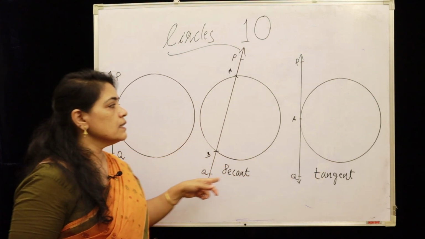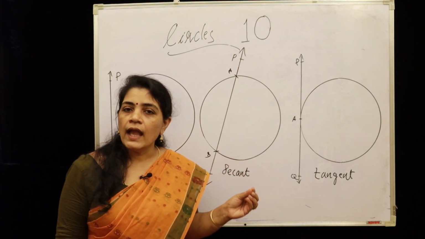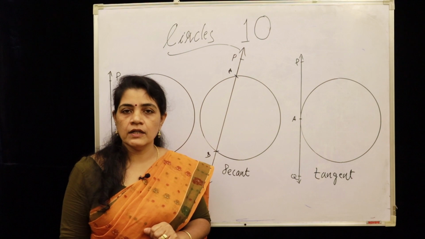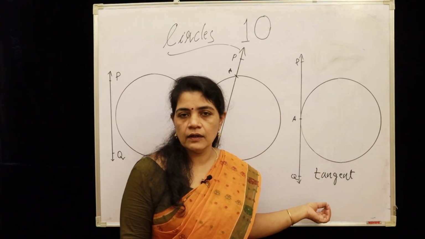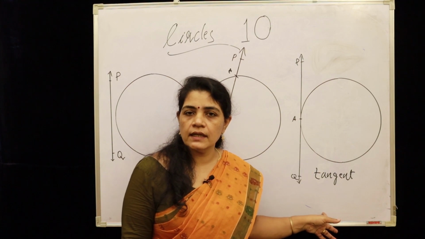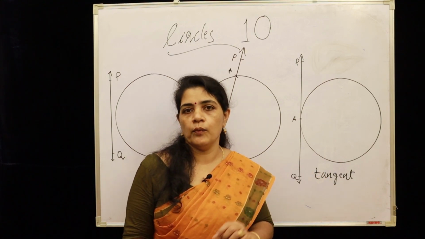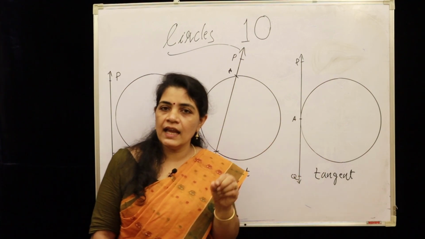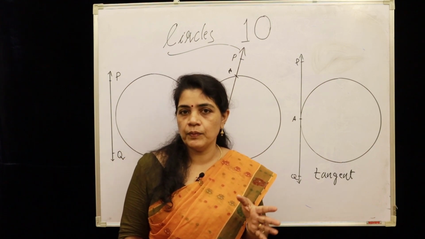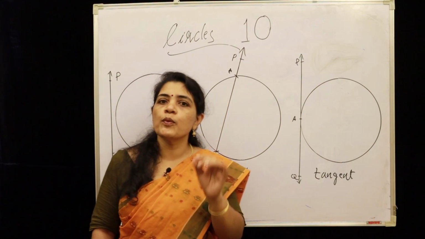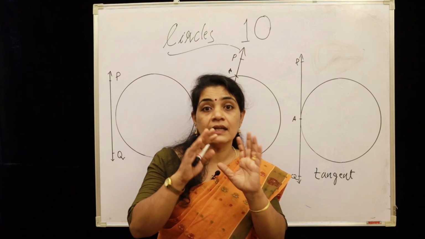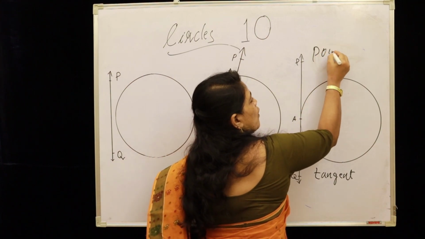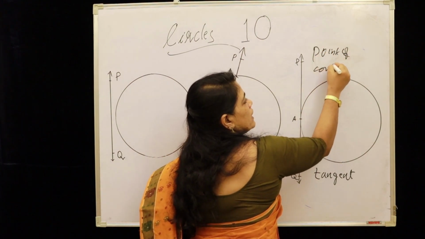So these are the three situations when we have a line and a circle in a plane. That point A is common between the line PQ and the circle, and the point where the line touches the circle is called the point of contact.